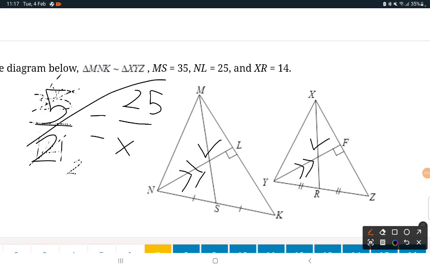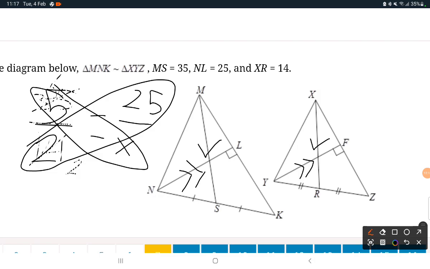We could cross multiply. 25 multiplied by 2 is 50. 5 multiplied by X is 5X.